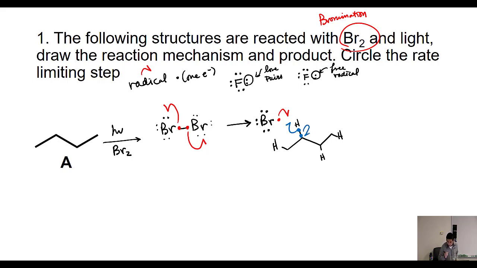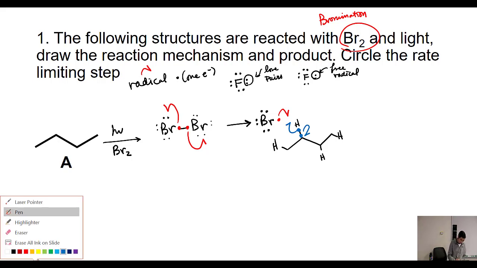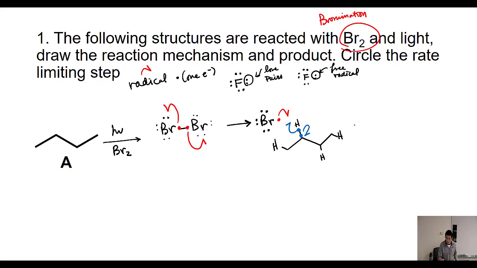Hydrogen is also going to donate one of its electrons to the bond, and that other electron is going to end up on the carbon.